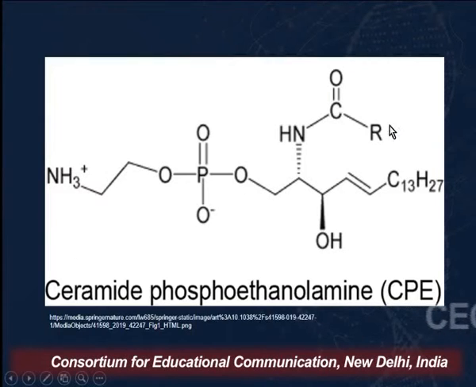Another example of sphingomyelin is that we can change this head group here, and this head group may be phosphoethanolamine. If you look here, this is the O group of the ceramide, which is entering into bond formation with a phosphate by a phosphoester bond, and then there is a bond to ethanol, first carbon, second carbon, and then you have an amino group here.